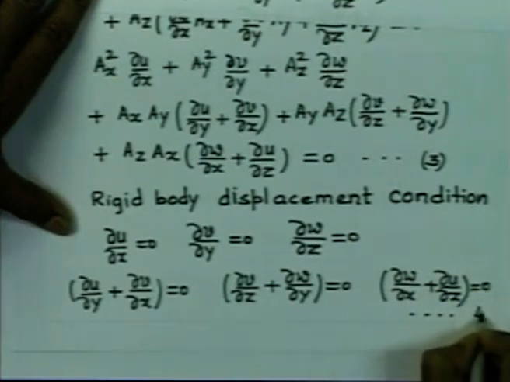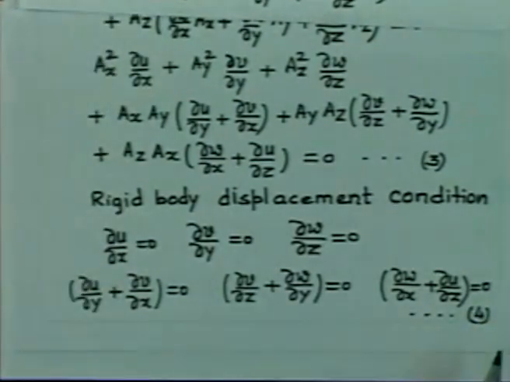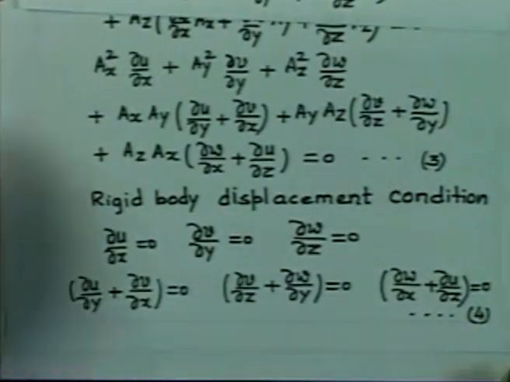So, these 6 conditions are the conditions for the rigid body displacement.